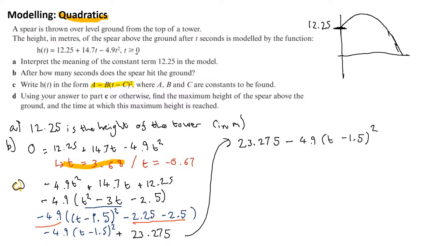Finally, for part D, what are we being asked to do? So using your answer to part C or otherwise, ignore that or otherwise, we are just going to use our answer to part C. Find the maximum height of the sphere above the ground.